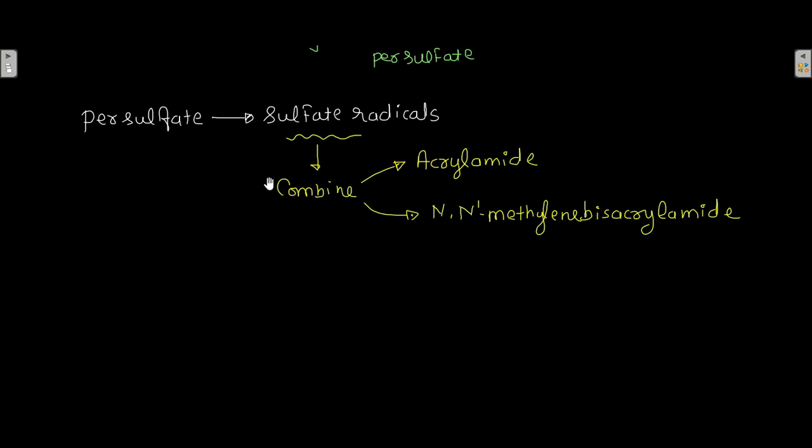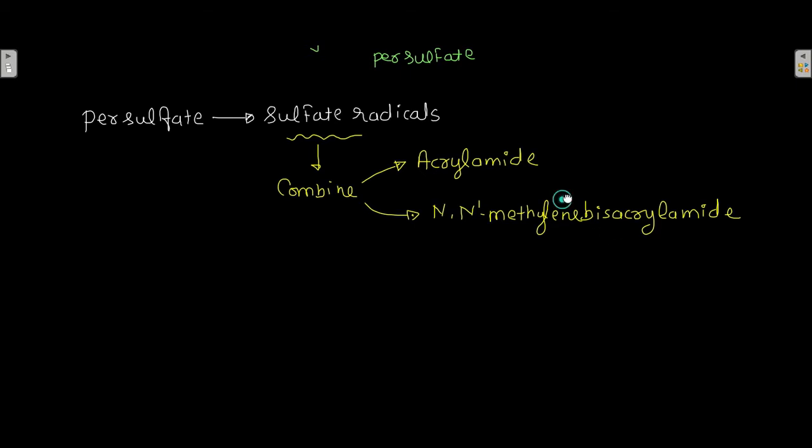Now what does this persulfate do? Well, persulfate forms sulfate radicals, and these sulfate radicals then combine your acrylamide with the methylene bis acrylamide.